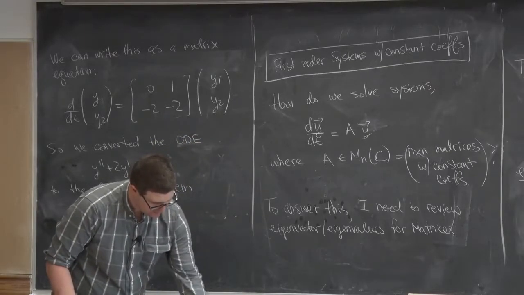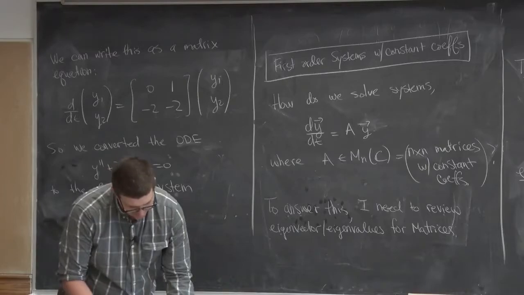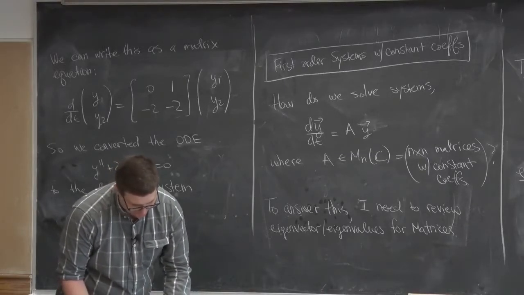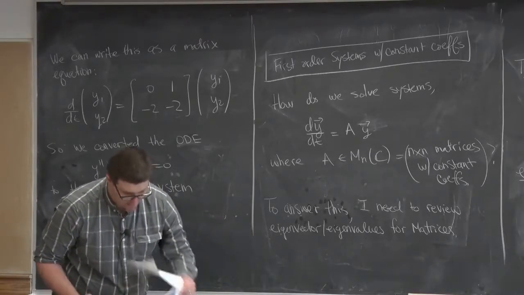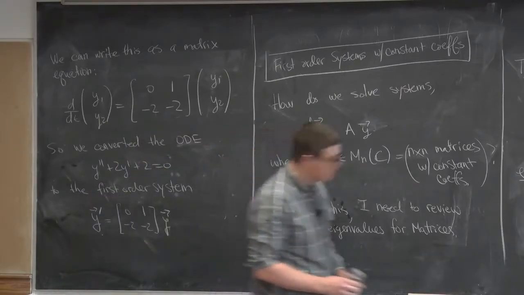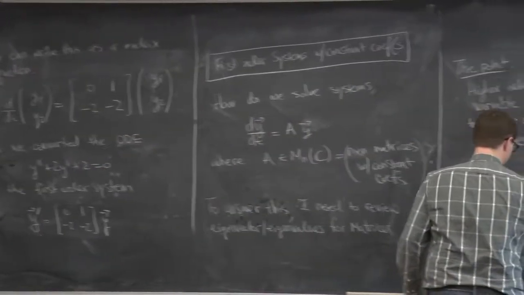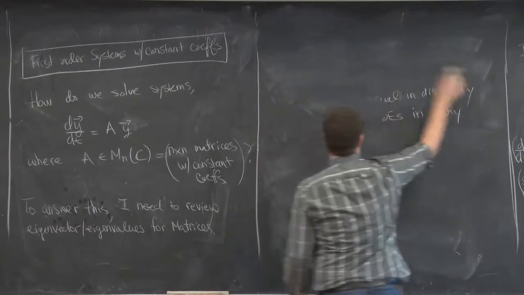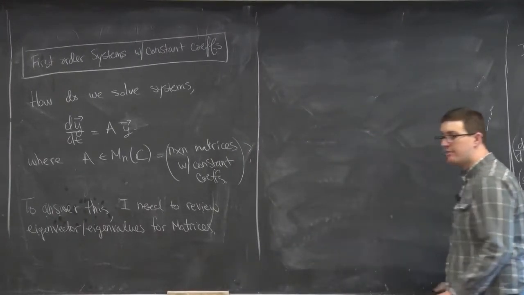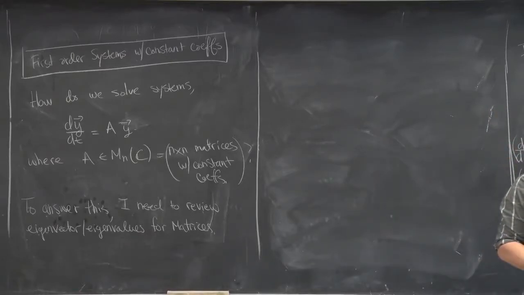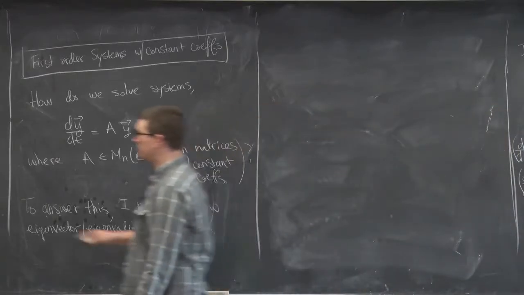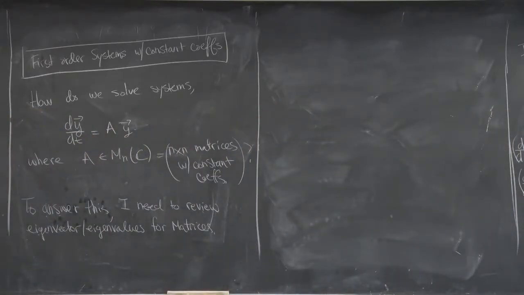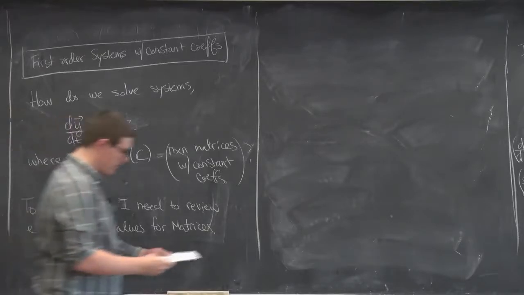So the theorem is the following. Not every matrix is diagonalizable. Not every matrix has a basis of eigenvectors. So there could be a situation where you can't write down eigenvectors. So recall the following.